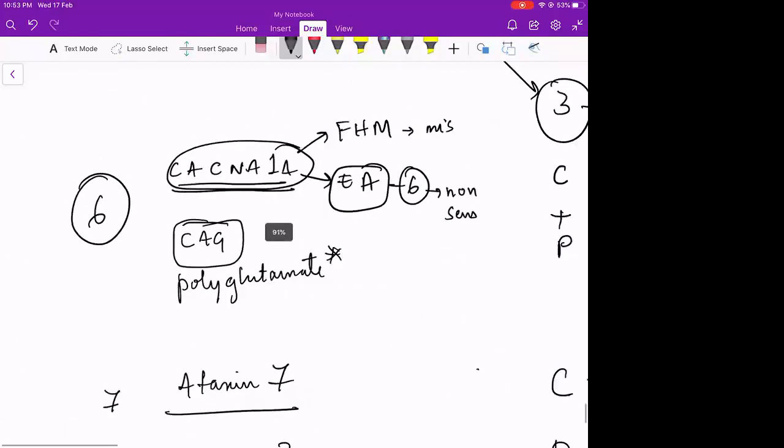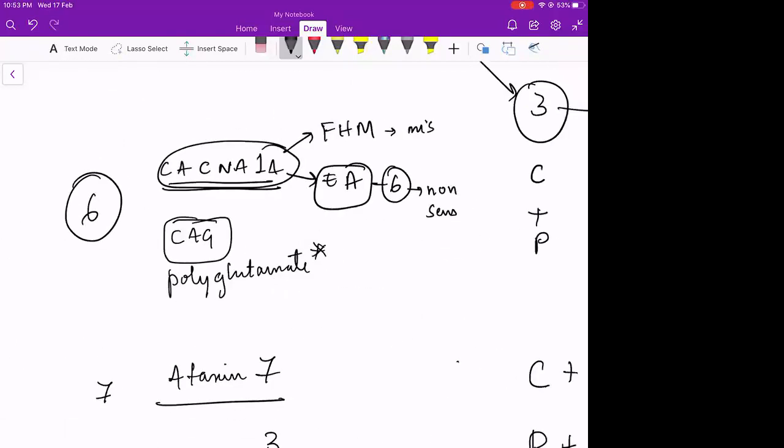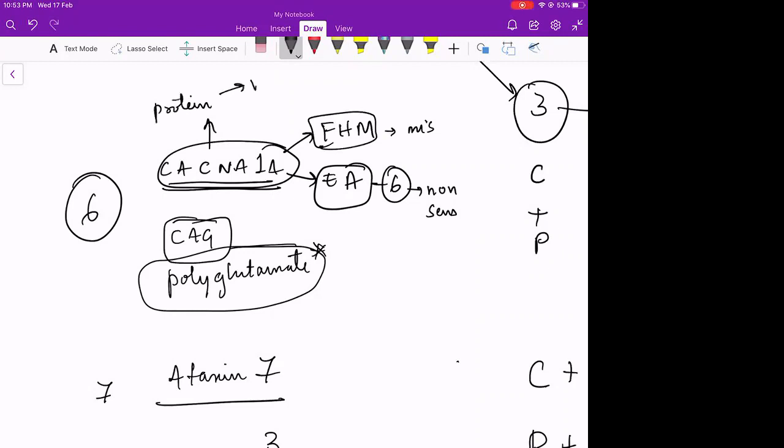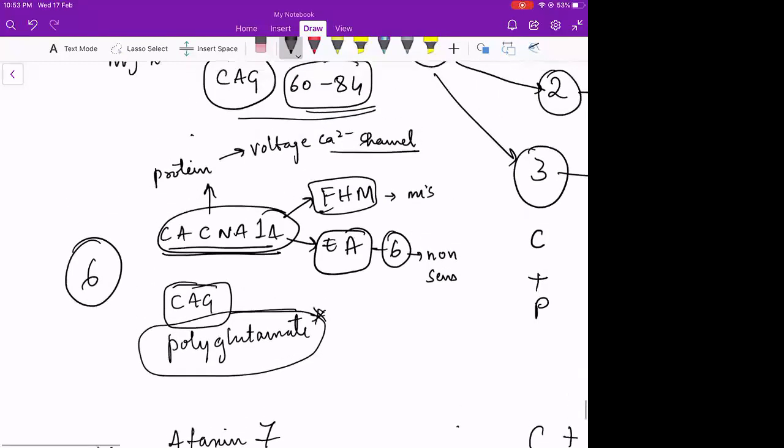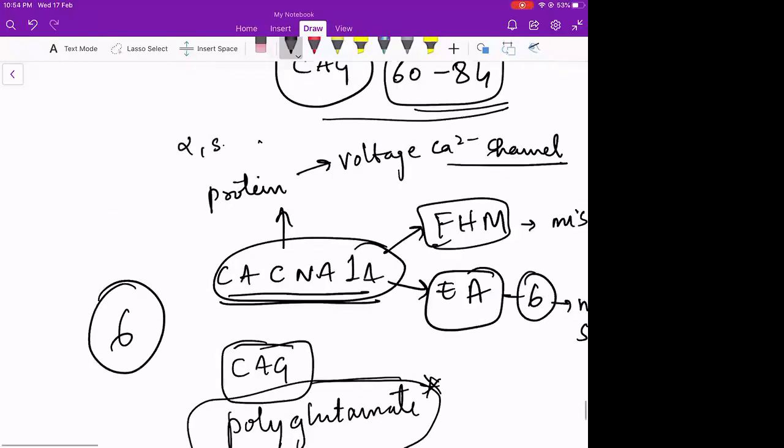Type 6 is also a polyglutamine disease, but the gene affected here is CACNA1A. It means the protein which is affected here is the voltage gated calcium channel, particularly the alpha 1 subunit.